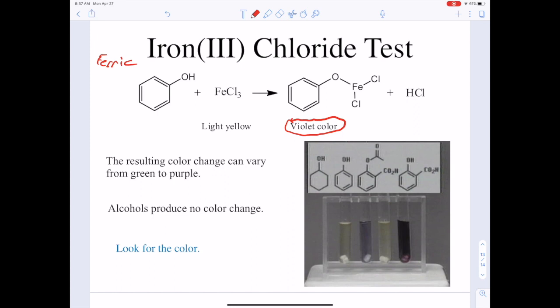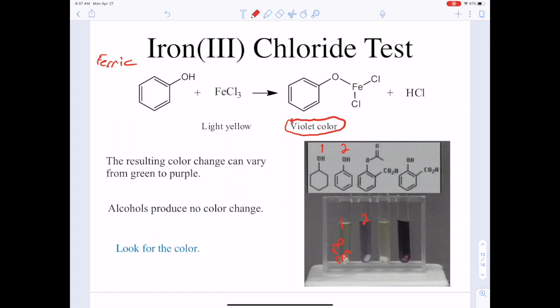So I grabbed this picture from the internet, and you can see cyclohexanol has no reaction. It's got that yellow color. We did not get the color change. Phenol, you can see the color change.